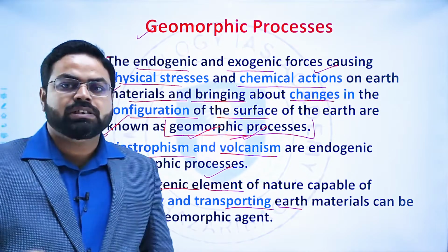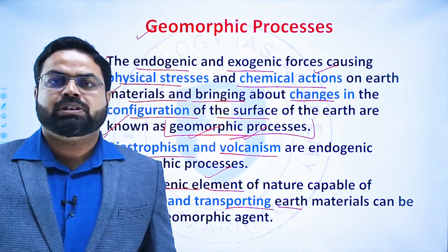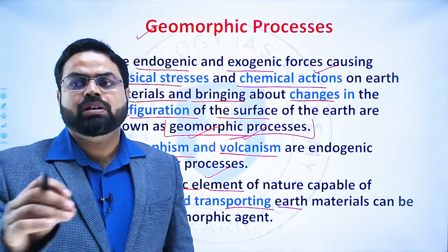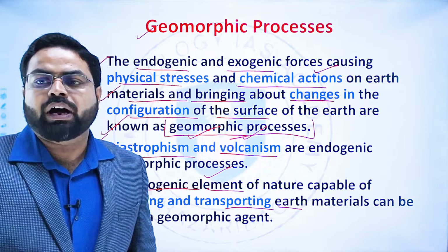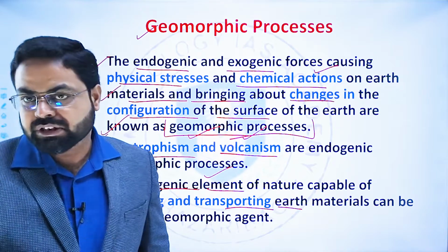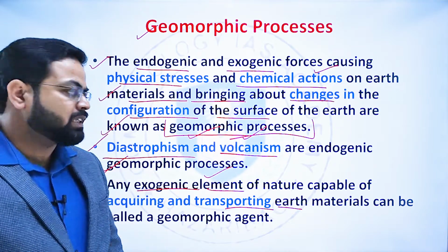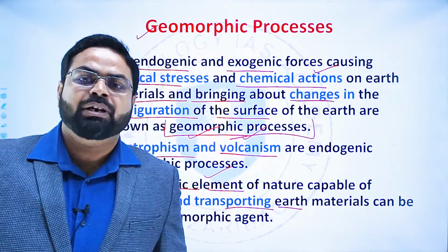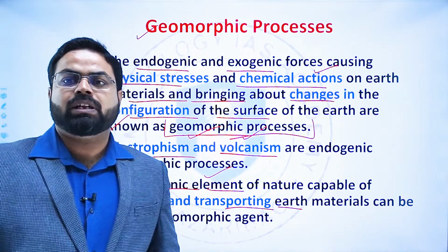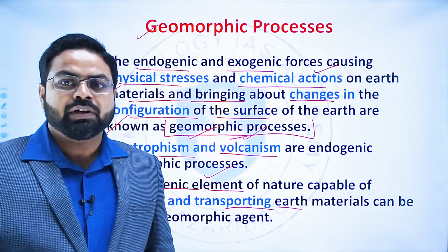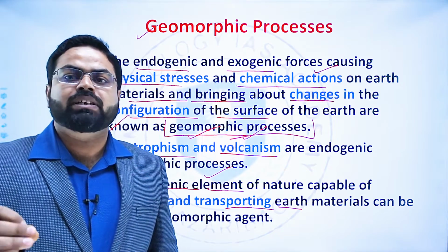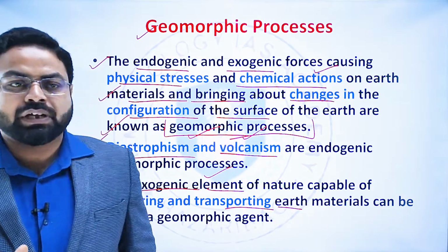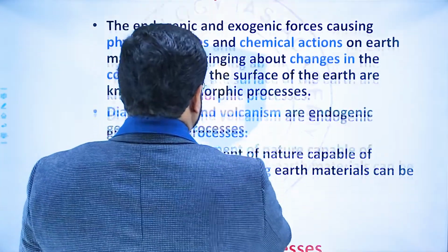Until and unless these things are in motion, they are not geomorphic agents, as they are not in a position to acquire and transport the surface material of the earth. If they are moving from one place to another, only then will they be considered geomorphic agents. Otherwise, they will be considered some of the physical features of the earth's surface.